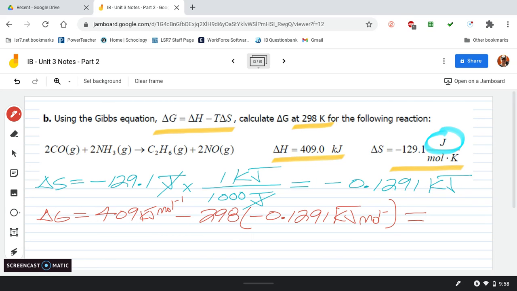So if you get a question like this on the test, I mean, that is pretty darn easy. So 298 times negative 0.1291, and we're going to run that through and get an answer.